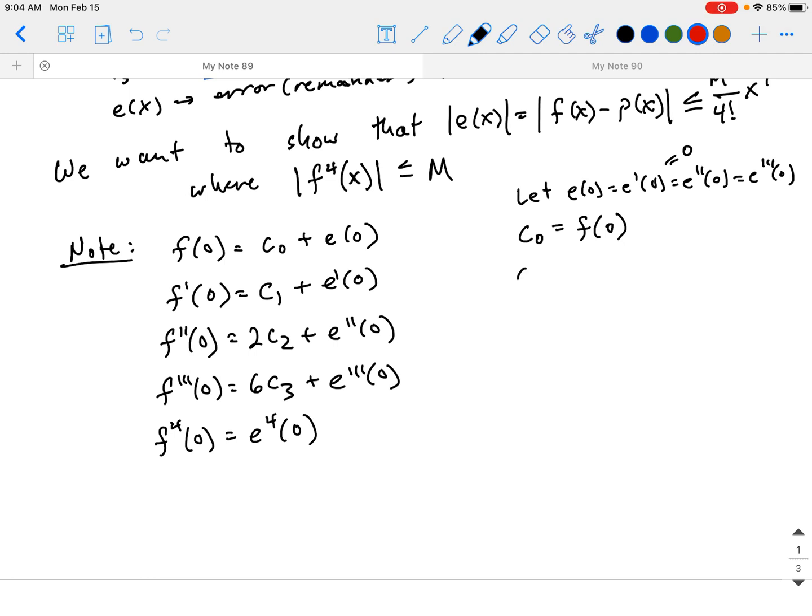So then C0 is going to be f of 0, C1 is going to be f prime of 0, C2 is going to be f double prime of 0 over 2, and C3 is going to equal f triple prime of 0 over 6.